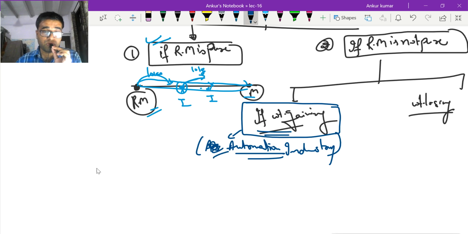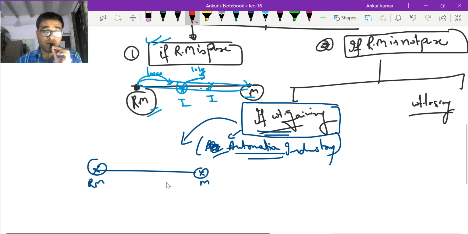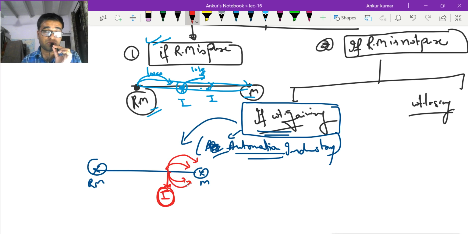So in case of weight gaining, for example, this is the raw material center and this is the market. You establish the industry close to the market, because for a weight gaining industry it is easier and cheaper, as the transportation cost will be low.